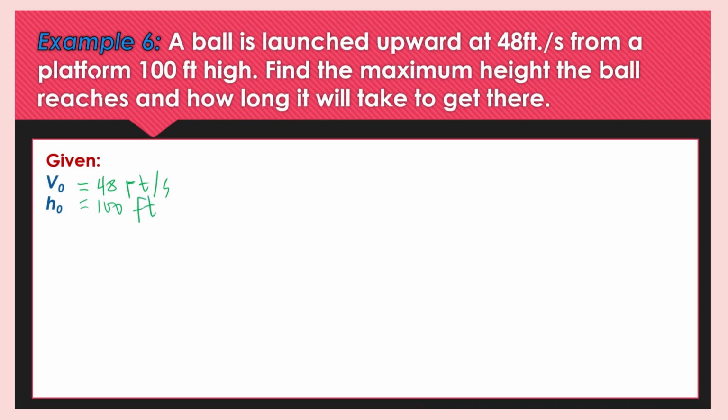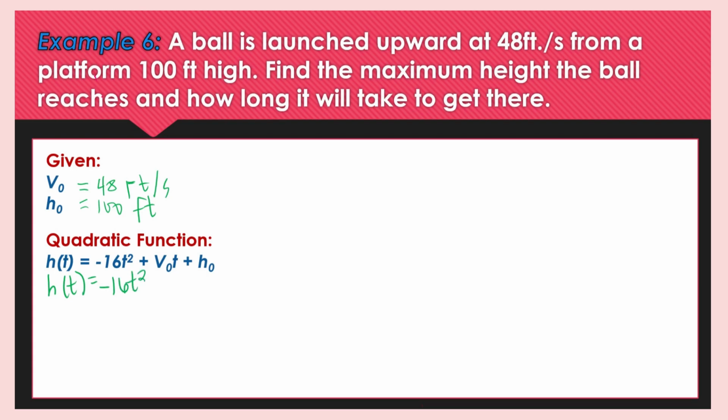Substitute this in the quadratic function h of t is equal to negative 16t squared plus v sub 0 t plus h sub 0. So h of t is equal to negative 16t squared plus 48t plus 100.